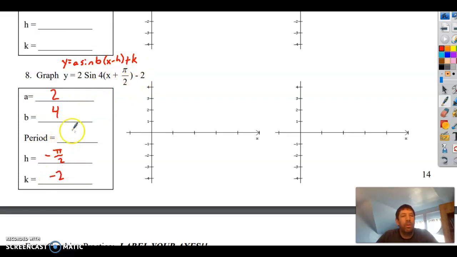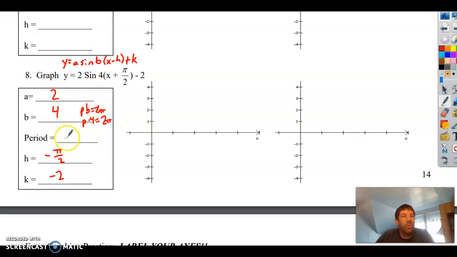Now the period length, we're going to get that from using the b value. So the b value is 4. That tells us that within a distance of 2 pi, we're going to complete 4 cycles. So we can use the idea that P times B equals 2 pi. B is 4, so P times 4 equals 2 pi.